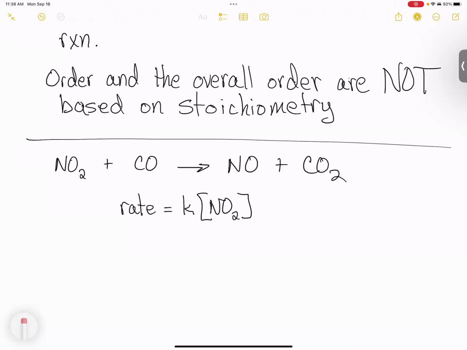Carbon monoxide does not play a role in the speed of the reaction. Now, once nitrogen dioxide does its thing of dissociating, then that carbon monoxide comes in and plays a role in the reaction. But as far as the speed of the reaction, which is what we're talking about, it is only dependent upon the nitrogen dioxide.